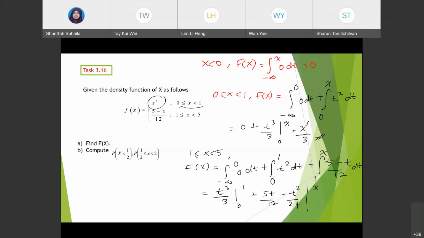So again you will have 1 over 3 plus 5x over 12 minus x squared over 24, so minus (5 over 12 minus 1 over 24). Cuba simplify kan.